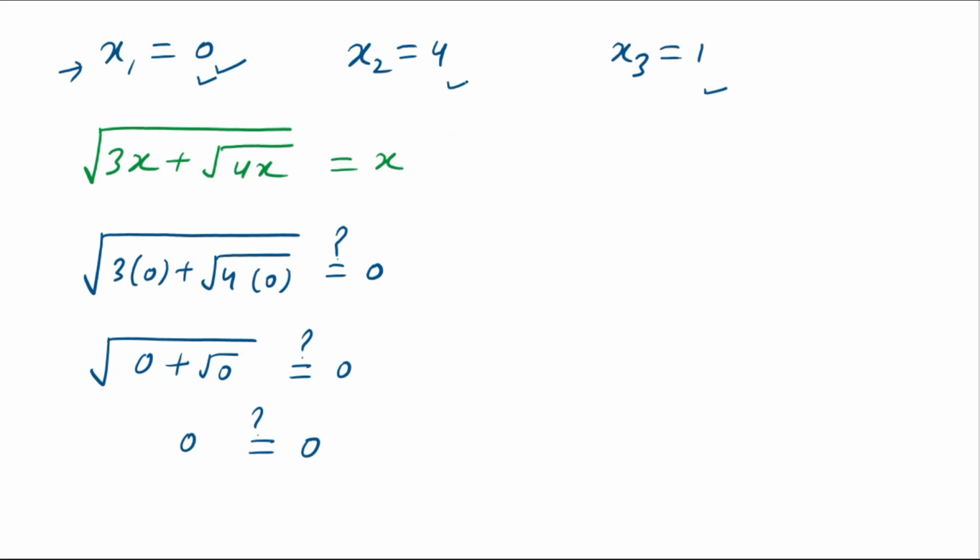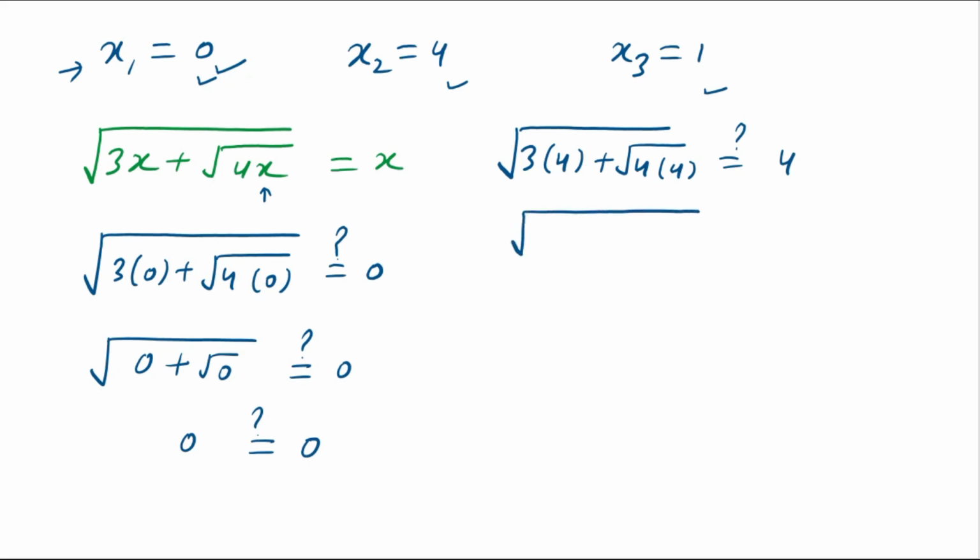Now check our second solution. Square root of 3 times x, with x replaced by 4, plus square root of 4 times x, with x also replaced by 4, equals x on the right hand side, and the value of x is 4.